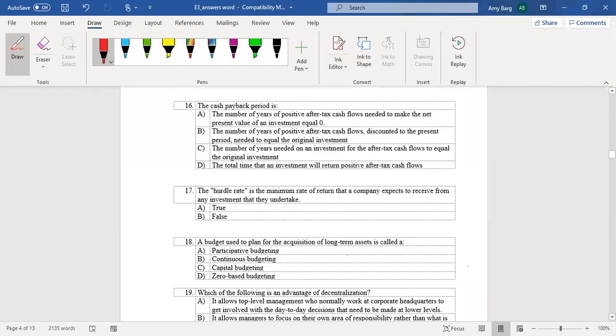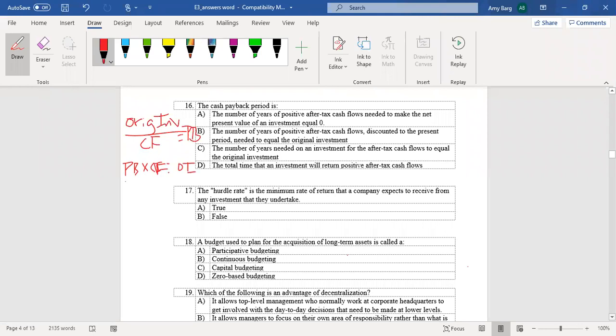Cash payback period. The cash payback period takes the original investment and divides it by the net annual cash flows, and that gives you the number of years it's going to take to pay that back. So the payback times the cash flows is equal to the original investment.